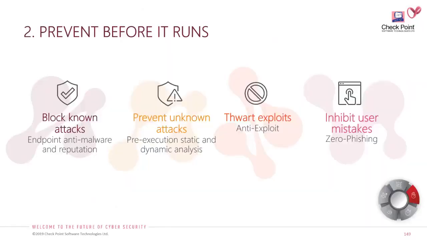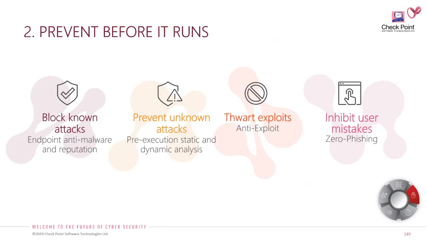So even before the attack starts to run, you should have some basic level techniques to prevent the attacks. As I said earlier, the anti-malware and reputation will use a signature-based mechanism to block the known attacks. In the first stage, we should have the signature-based mechanism only, and the next stage is pre-execution static and dynamic analysis.